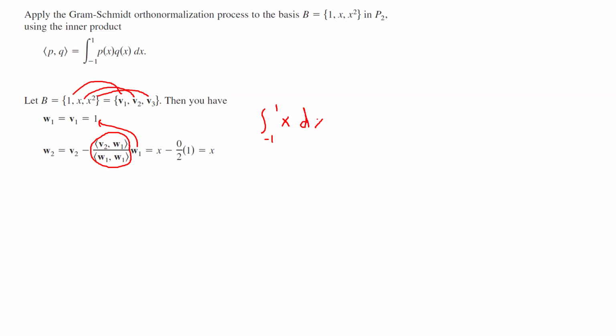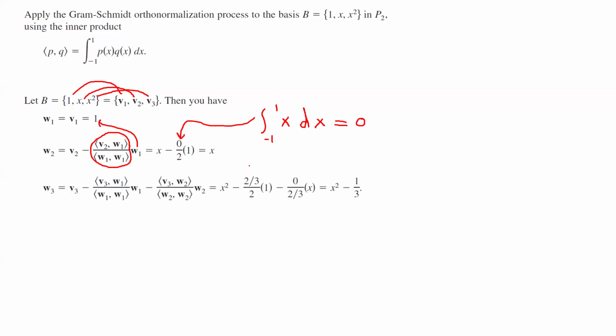But here you have an odd function over a symmetric domain. It is equal to 0 for sure. So that's how you end up with 0 here. So you get 0 divided by 2 times 1, which is x. So this is your w2.